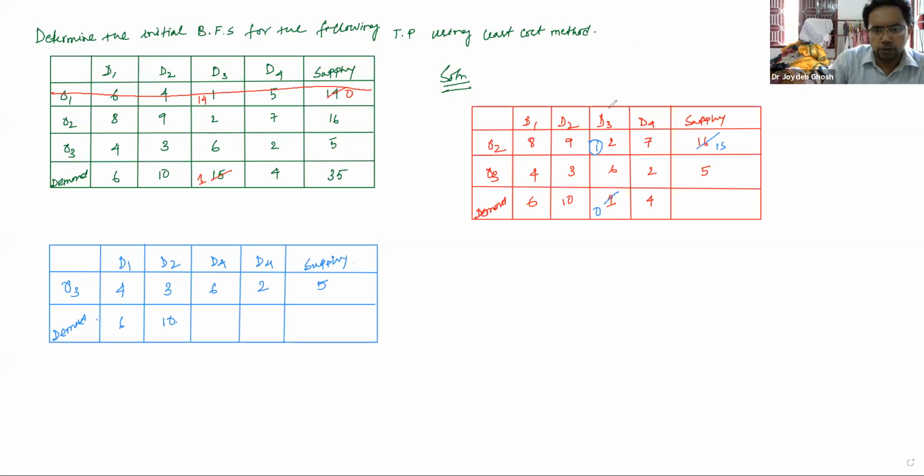No, this is already exhausted. D3, we don't need D3, right. This is 2. This is 4.